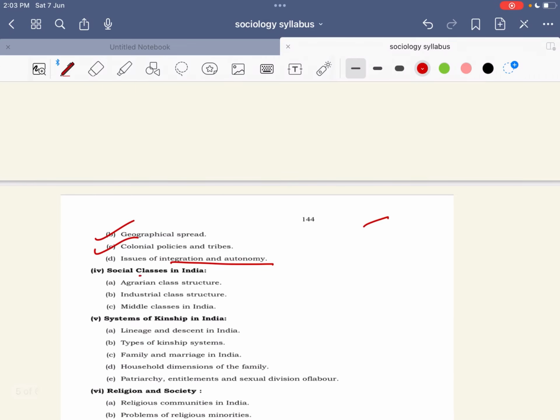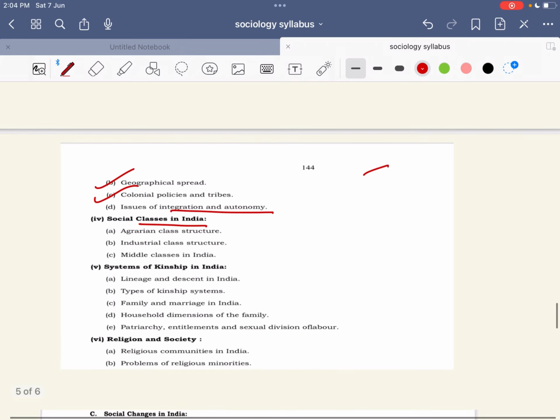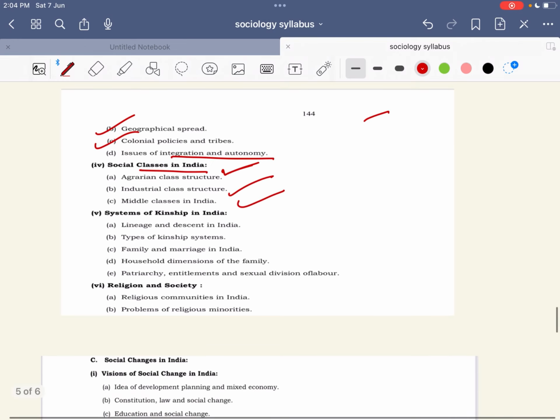Then there are social classes in India. Agrarian class structure means how there is a class structure in an agricultural society. Industrial class structure, middle classes in India. Okay. Then there is the system of kinship in India.